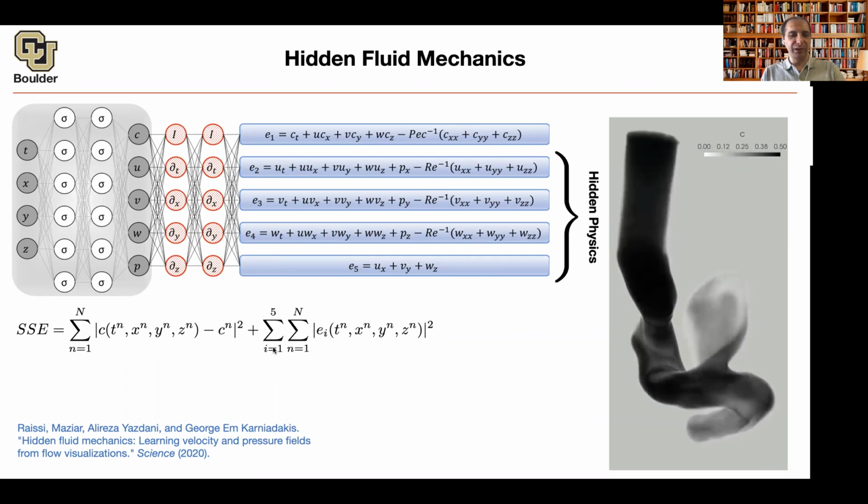And one thing to note is that this data here corresponds to the visualization that you see up there on the right. But the data on your equations, you can have infinitely many of them. So you can just put points in your space and try to enforce your equations.